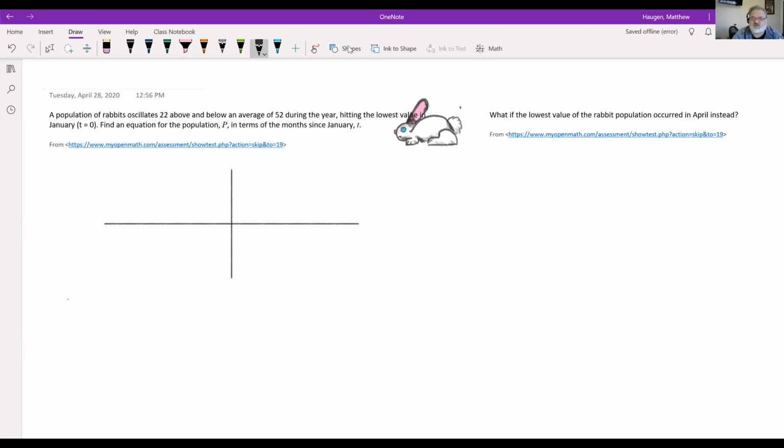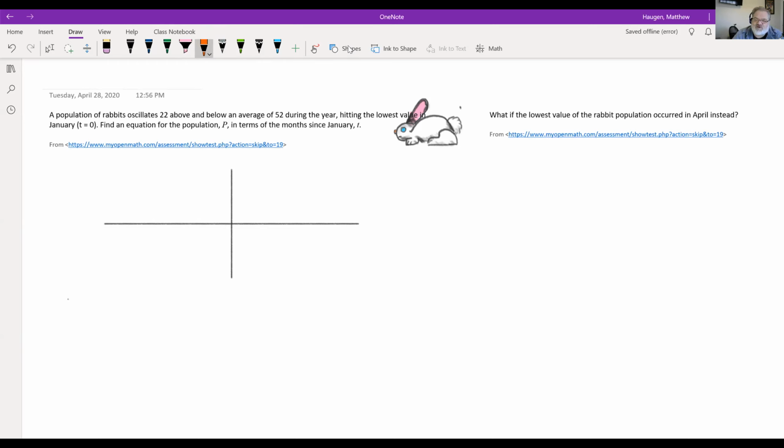So anytime we can bring it into the game, the better off we're going to be. It can take a while to get used to making diagrams, and using diagrams, but if you get comfortable doing it, it's going to make a big difference.